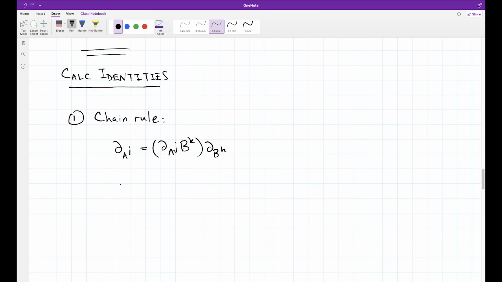But in the other notation, we actually have a different instantiation of the chain rule, which is to say that, for instance, the partial of x when fixing y is equal to the partial of x, sub x of z fixing y, partial z also fixing y. Okay, so how do we get this second one?